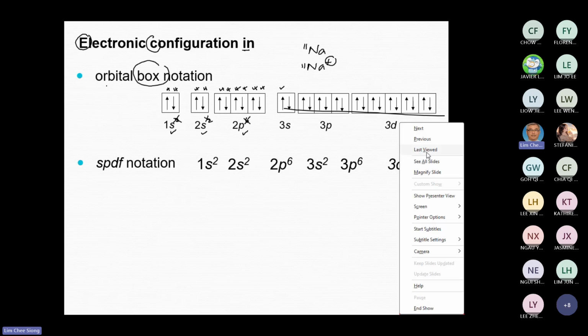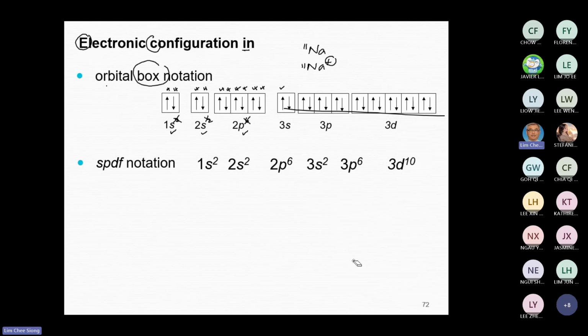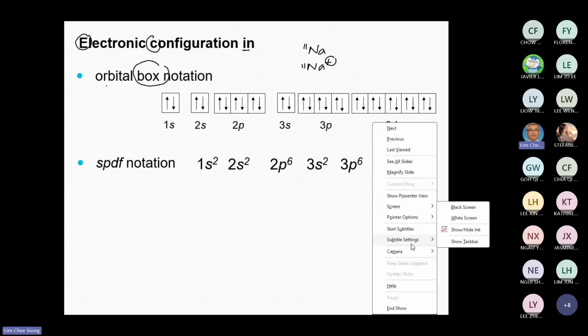But when you answer, you must follow the format. You cannot have your own idea, then come and argue, sir, give me a mark, correct what? Sorry, you're wrong in format. We can't give you any mark. So you must know how to answer it correctly. Get it? Okay, so this is sodium.